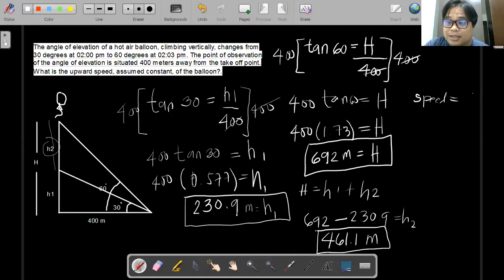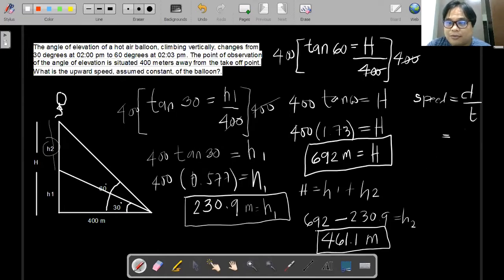So that's distance over time. What is this distance we're talking about? Since we're given here that it took 3 minutes, from 2 p.m. to 2:03 p.m., to get from this point to that point, the distance is the h2, which we have solved.